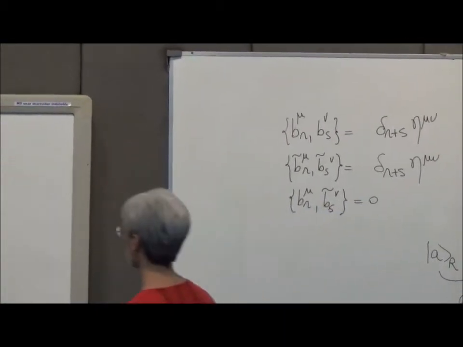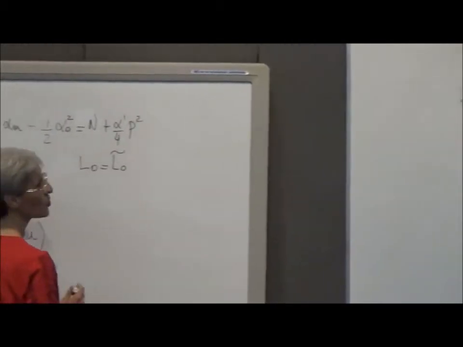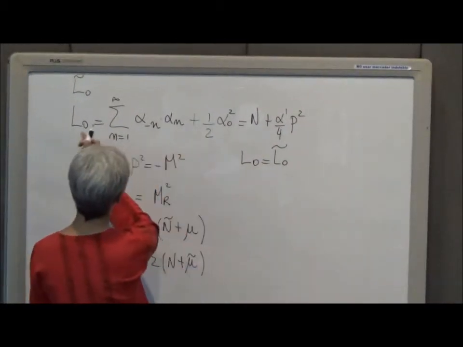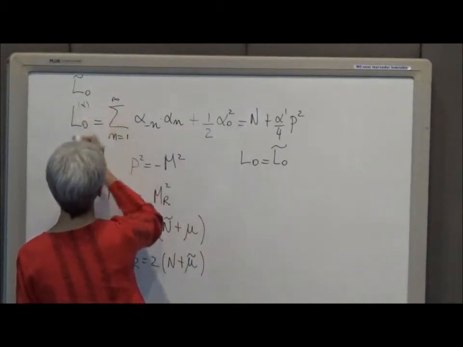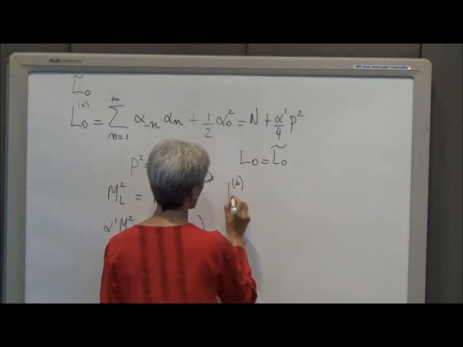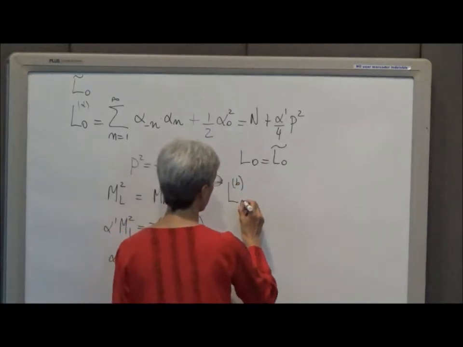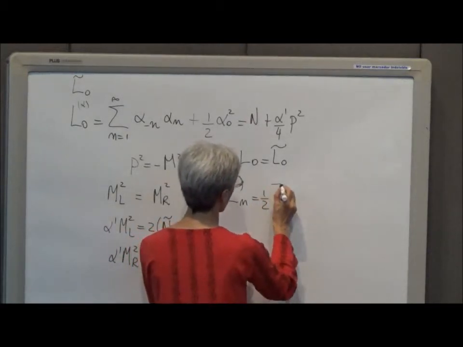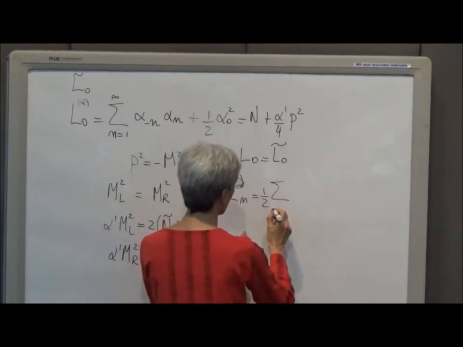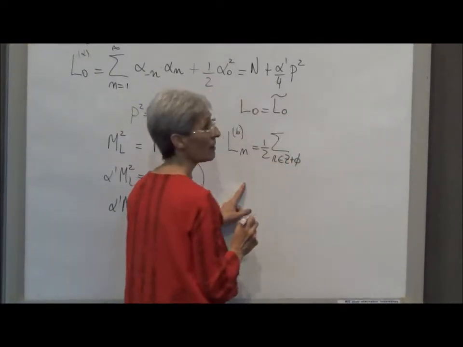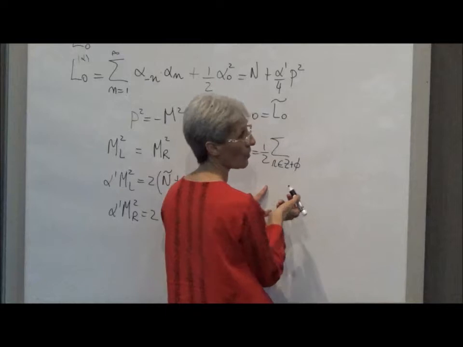Now, in the superstring, we also have here, actually this is for the alpha oscillator, but we have a similar contribution from the fermions, which has this one, and the sum again is over the integers or half integers, depending on whether it is 0 or 1/2.